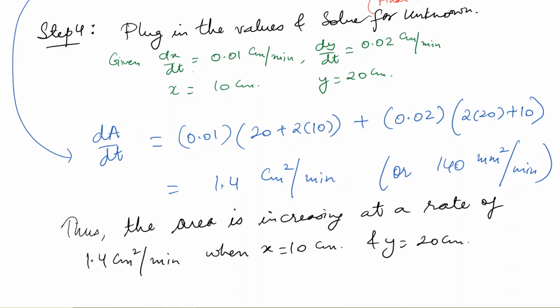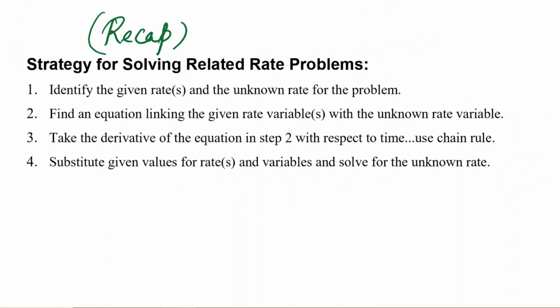So let's just review this and do a recap of our strategy for solving related rate problems. First, read the problem carefully and identify the given things and the unknown rate for the problem. Second step is to find an equation that links all the rates and variables together.